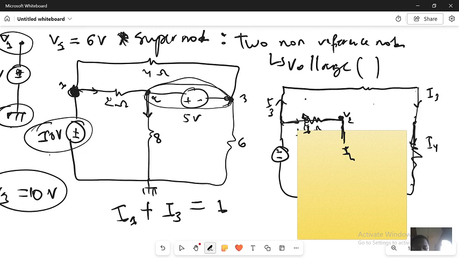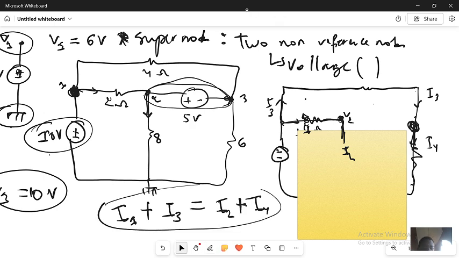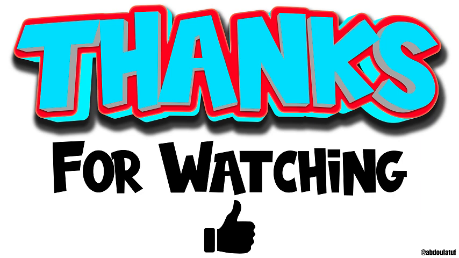I2. In this node, which current is leaving? I4. So I2 plus I4. So I will check the currents entering in this node and this node. The summation of the currents entering both nodes equals the summation of the currents leaving both nodes. And we use the previous node analysis to determine the potential of this one and the potential of this one. In the next video, we will see some examples of using node analysis.